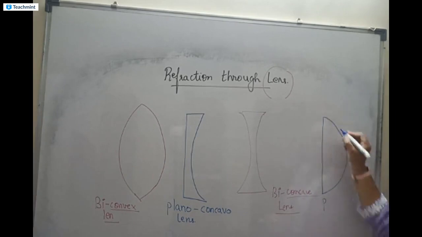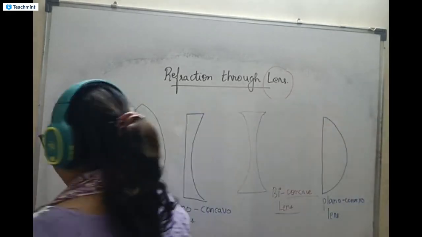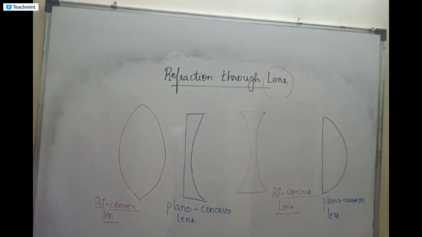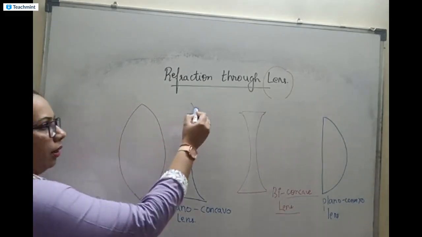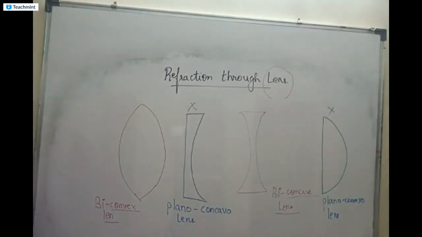There's a bulge part, right? So it will be plano convexo lens, or plano convex also you can write. So these are all extras, you do not have these in your syllabus, but naming is required.